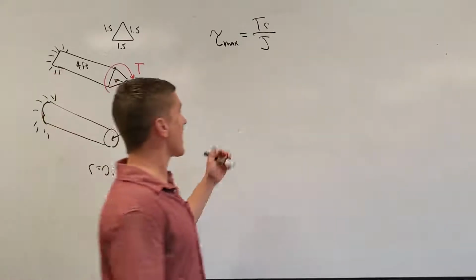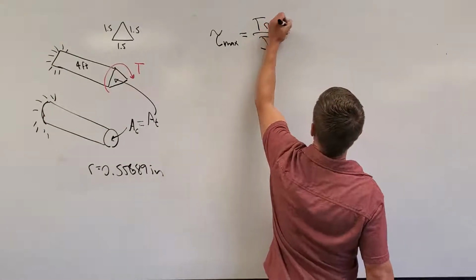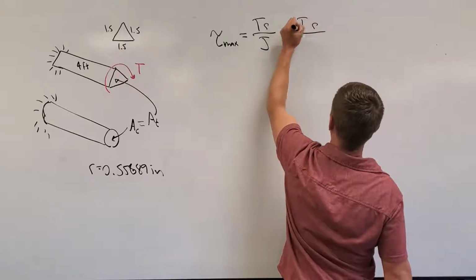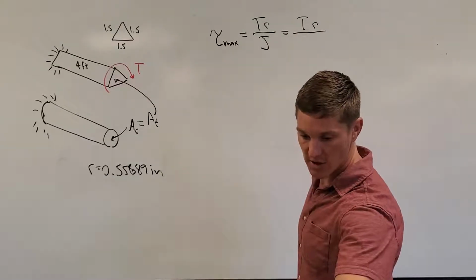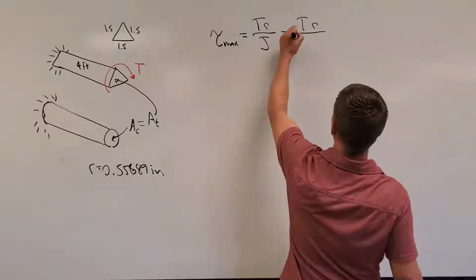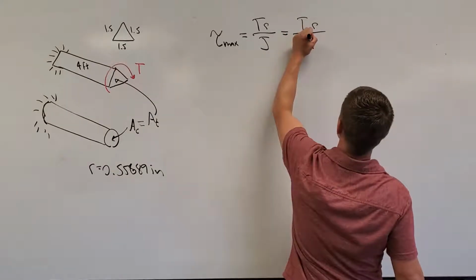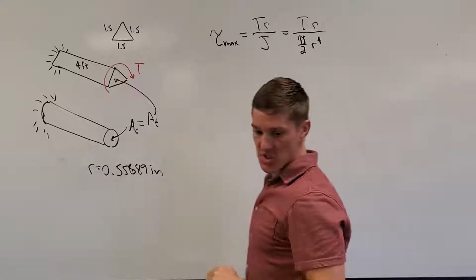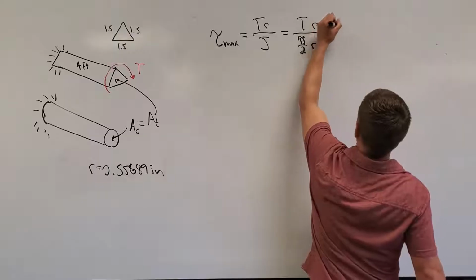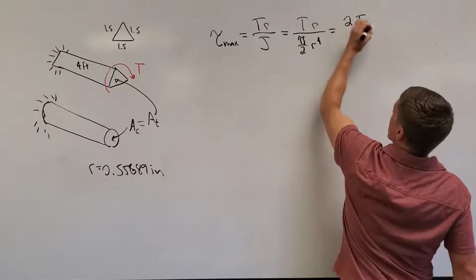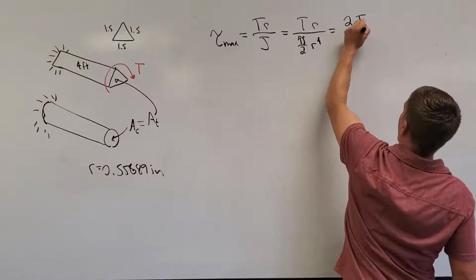So we can then say that this is the same as our torque times our radius over J for a circular shaft. Our polar moment of inertia for a circular shaft was pi over 2 r to the 4th, which simplifies out to 2T over pi r cubed.